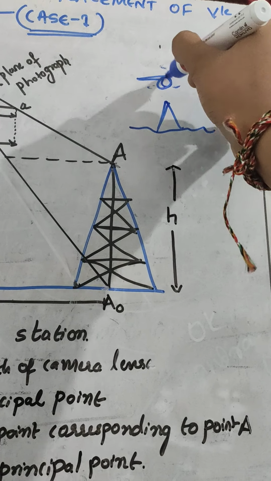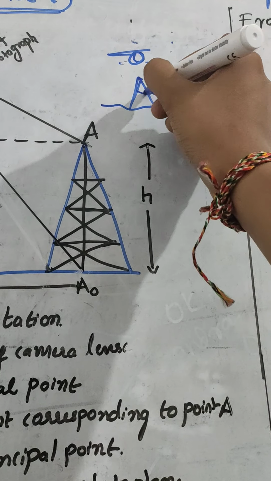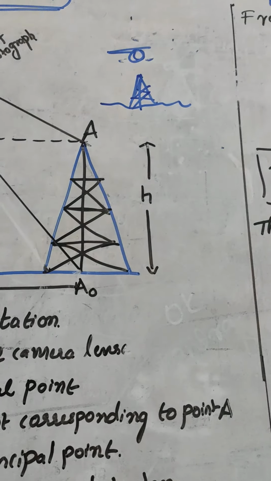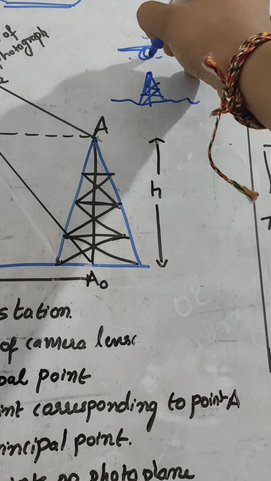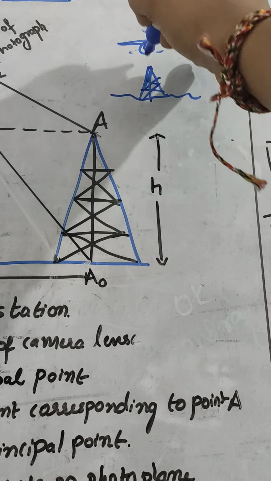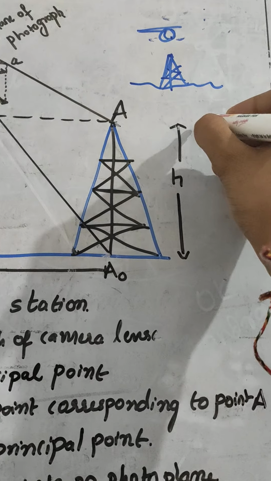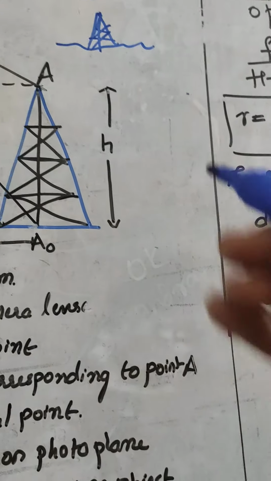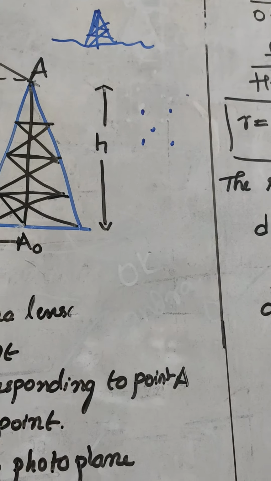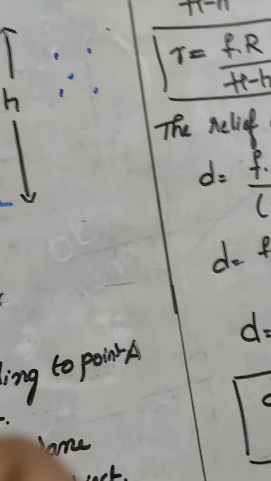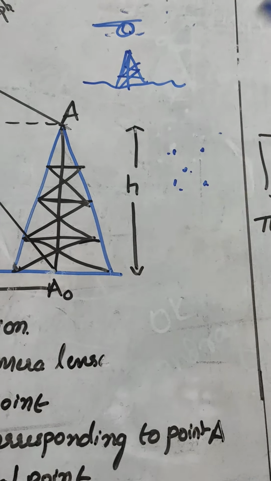If the plane is exactly above the object, let us consider this object as a tower. If the plane is exactly on top of this tower, from the top you can view only like this, correct? That is, this is the top point and these four are the legs.